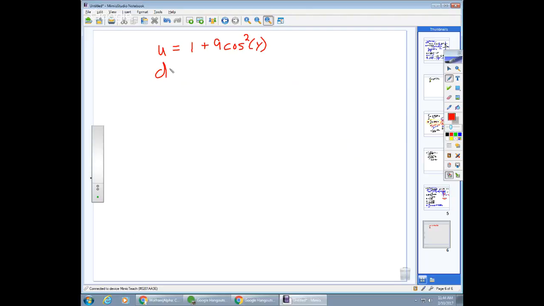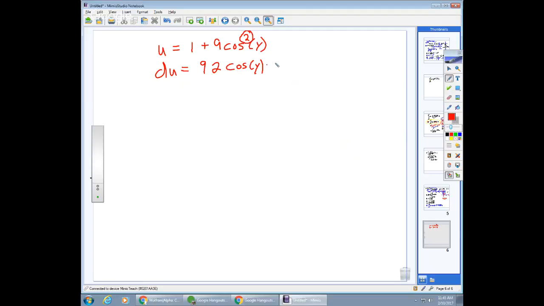I have to find du. So let's see, derivative of 1 is 0. The 9 is a constant, it gets carried along. What's derivative of the cosine squared? That's 2 functions, so we're going to use the chain rule. Chain rule says take the derivative of the outer function first. Derivative of a square is twice the base. Now we multiply according to the chain rule by the derivative of the base.